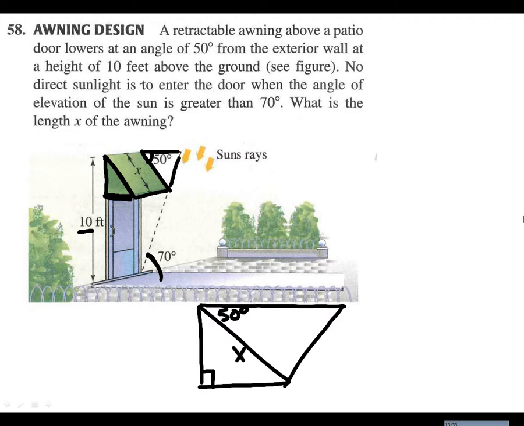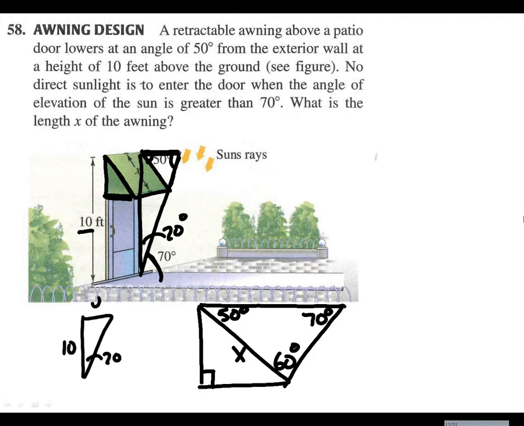Alright, if we know this is 70, then by the law of parallel lines, we also know that up here is 70 degrees. And we can subtract from 180, and we end up with this is 60 degrees. If we could find any of the side lengths, we'd be in business. And because we know this big triangle here, and this inside angle is 20, let's draw that tall triangle. 10's our height. 20, if we can find this side over here, we'll be in business.